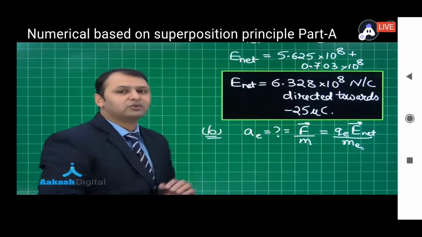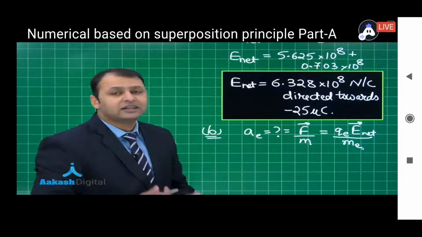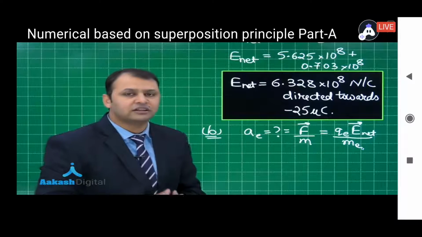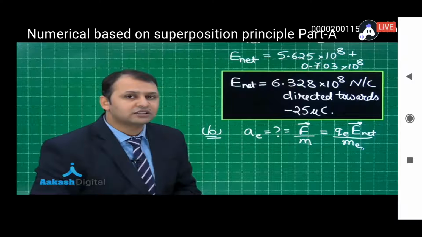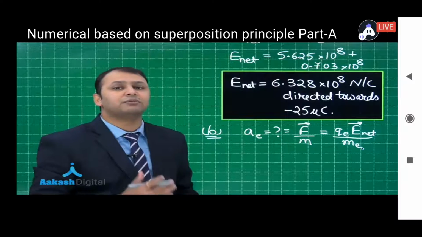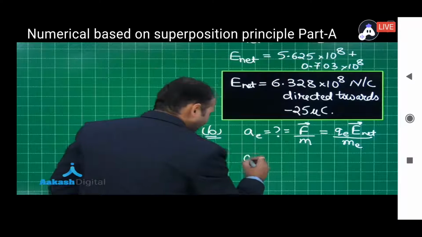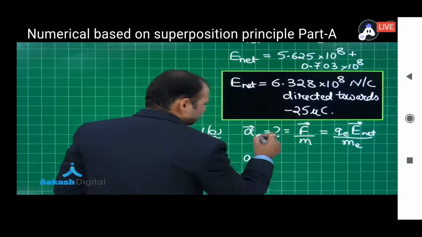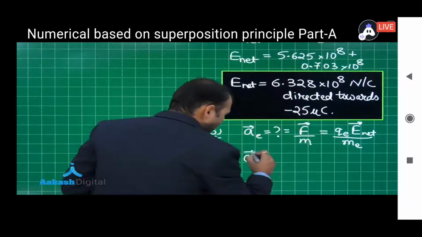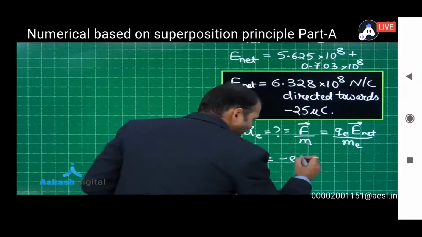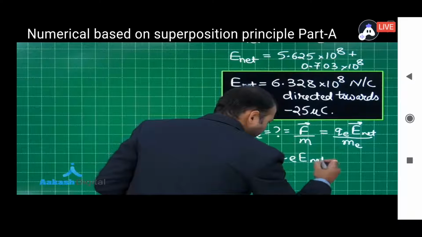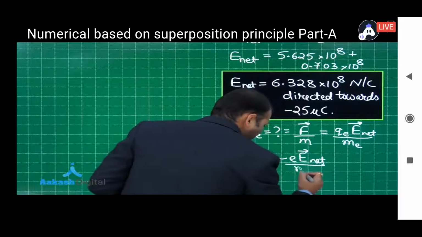Can you say so? No, it's different. As we have studied, electron is a negatively charged particle, and if you place it in a uniform electric field or an electric field, it will move opposite to it. So if you find that a, obviously this would be vectorial, this would be minus of e into E net divided by mass of electron.